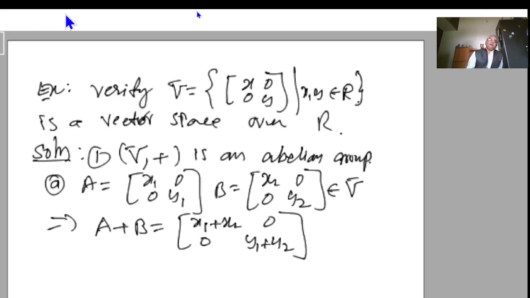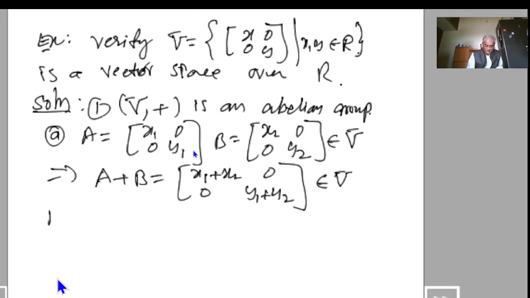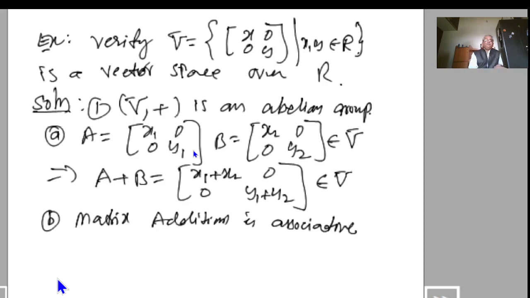This is a 2 by 2 matrix where the diagonal elements are non-zero and other elements are 0, therefore this belongs to V. Closure law satisfied. B, matrix addition is associative. Okay, that we know. Addition of the matrices is associative, therefore associative law is satisfied.